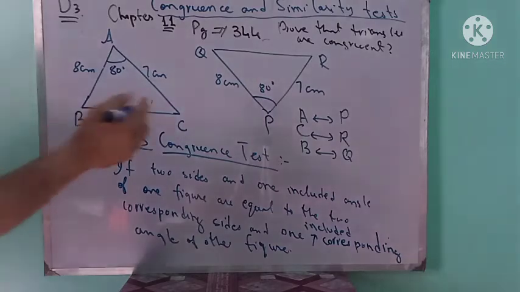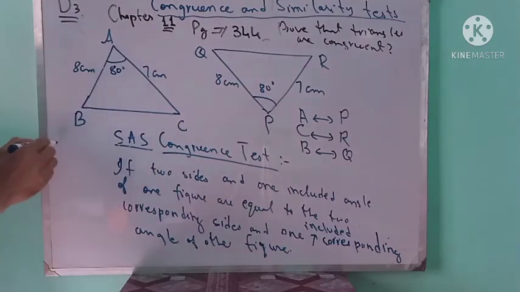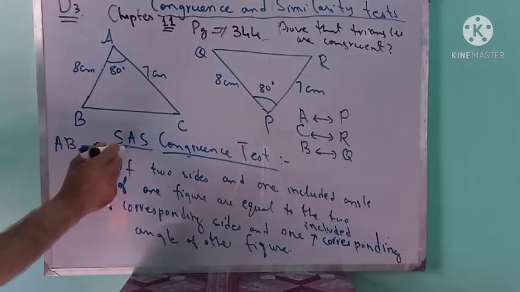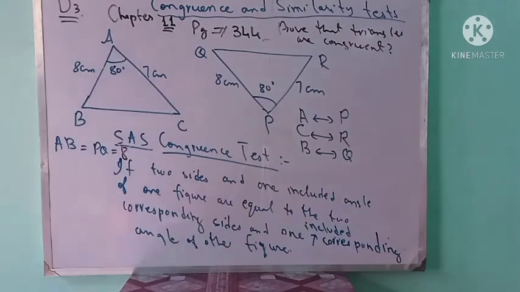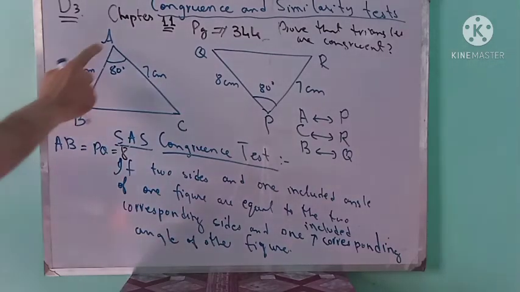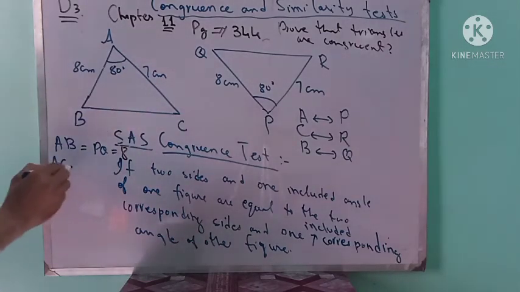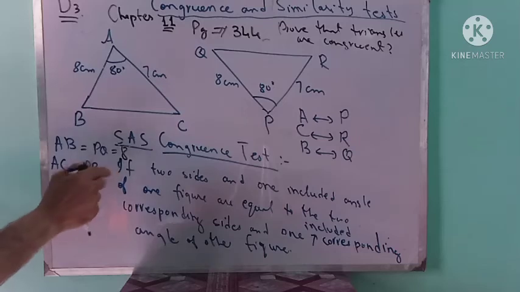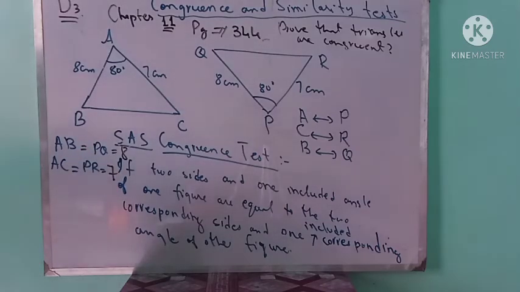So we can write here that AB is equal to PQ is equal to 8. Sorry. AC and PR are equal to 7, right?